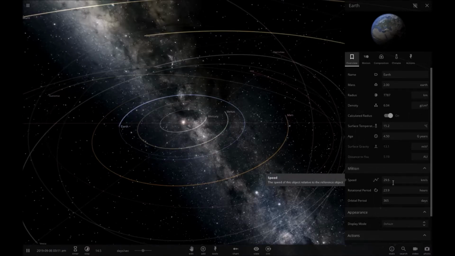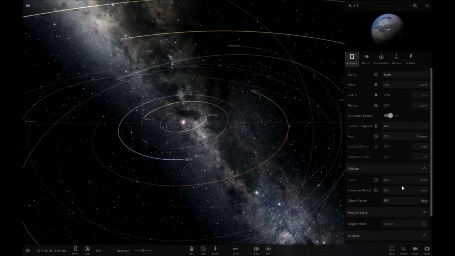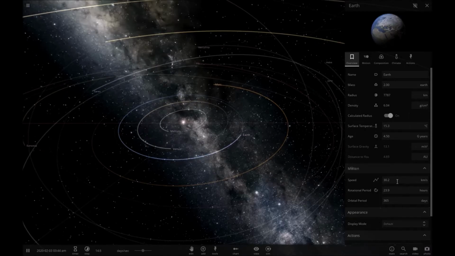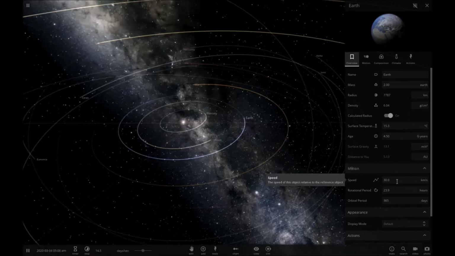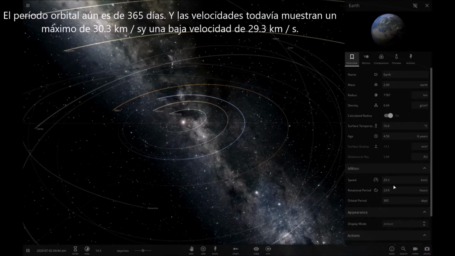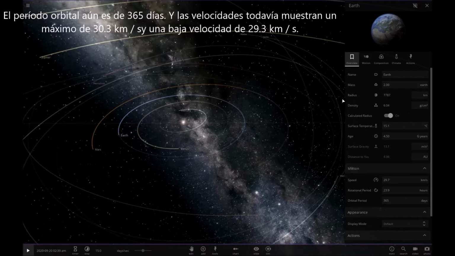So we're still running 29.5, 29.9, 30.1, 30.2, 30.3, and it's going to work its way back down again, and it comes down to 29.3 as the lowest. So same range as before, as if we had just one Earth mass. Okay, so that didn't make a difference.